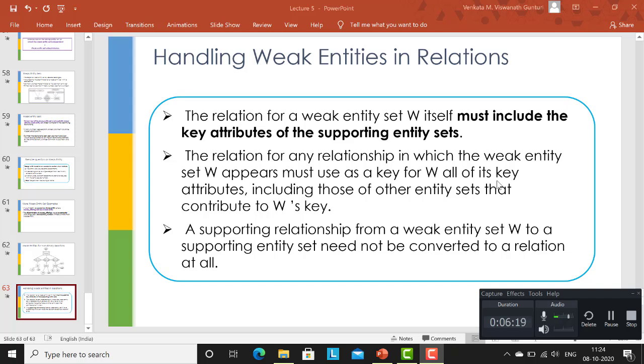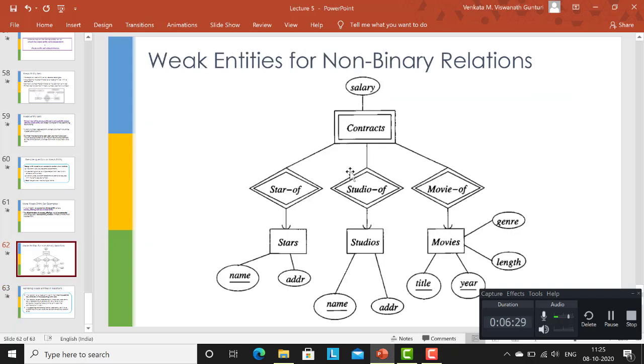The whole combination will become the primary key of the weak entity set. One more thing, when you have weak entity sets, there is no need to convert these double diamonds into tables, right? You might remember that previously when I started this module, I said that all rectangles get converted to tables and all diamonds also get converted into tables, right? But for weak entities, converting these is not really needed, right?